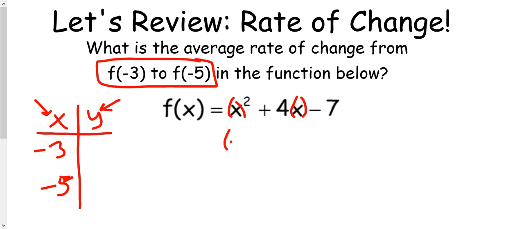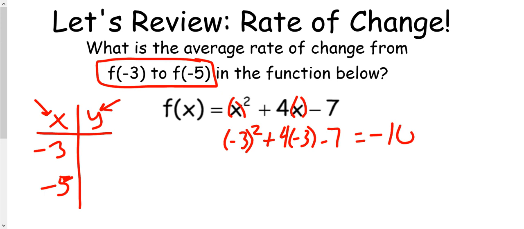So I'm going to start with -3 squared plus 4 times -3 minus 7. If we do the math, it's a +9 plus -12, which will be a -3, minus 7 is a -10. You can use your calculator, or you can simplify it just like I did. What is the output for the input of -5?